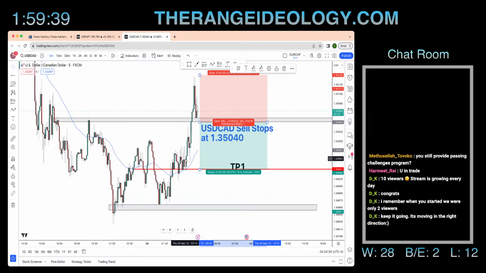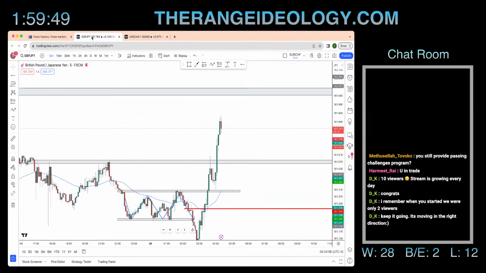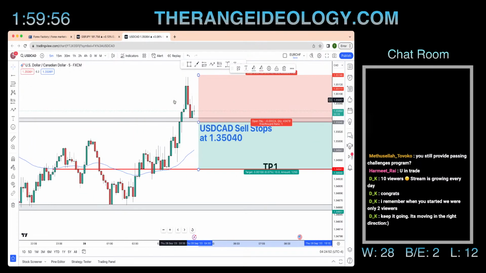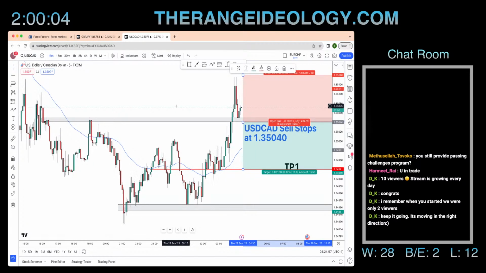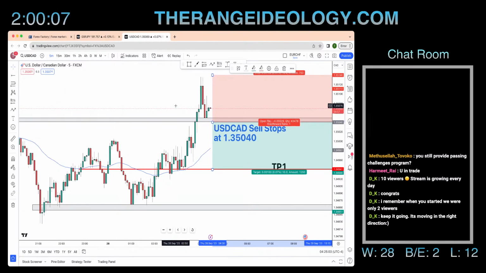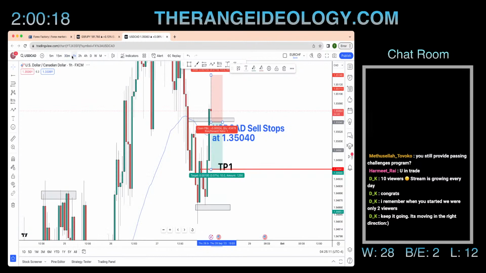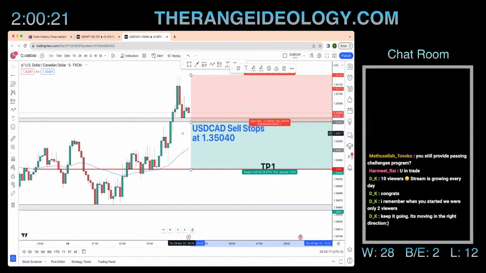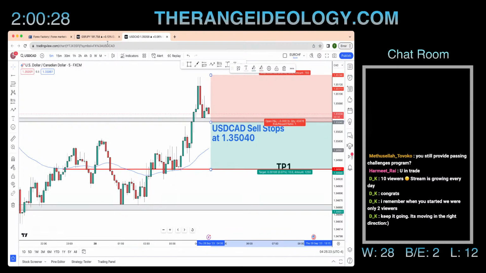Alrighty. We got another 5-minute candle coming up in a few seconds. Trying to get a second setup for London right now. All right, here comes USD CAD. We need one more push down to be tapped in. One more push.